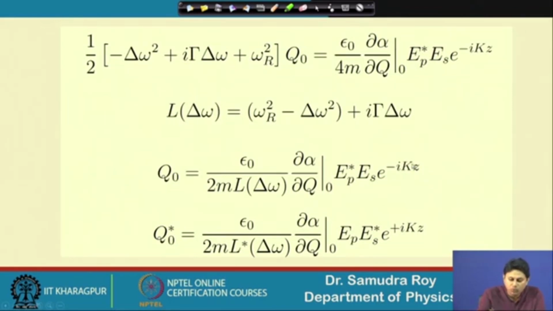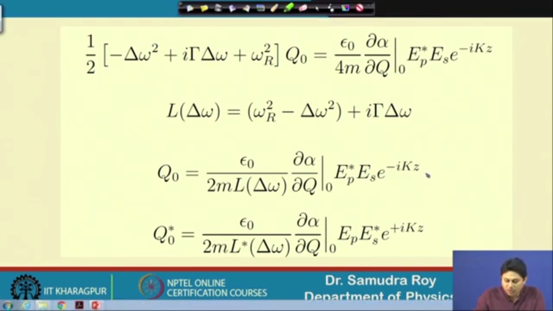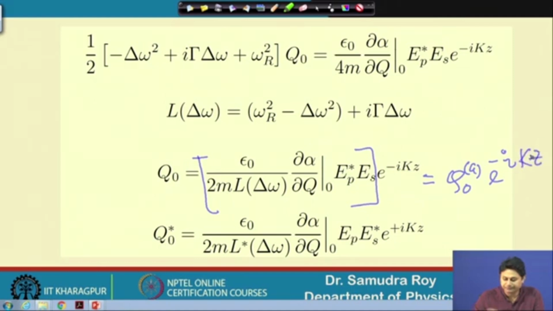To make it more compact, I write Q0 bracket A, which is the amplitude part of that. The amplitude part contains from here to here, with the phase e to the power of say minus i k z. So, the complex amplitude Q0A is now in this particular form.